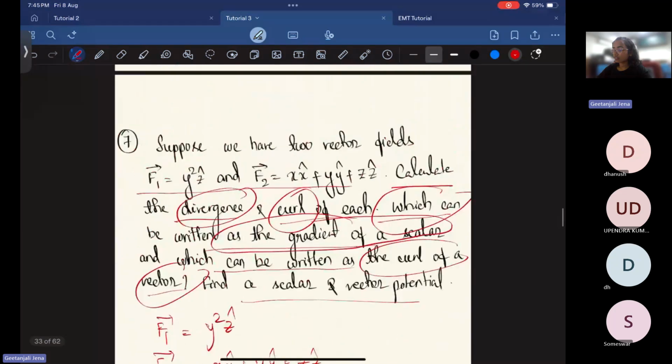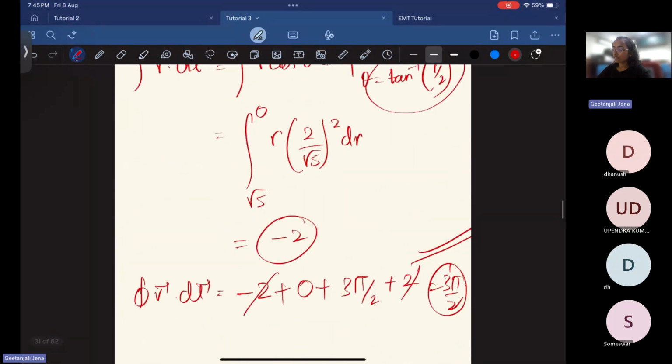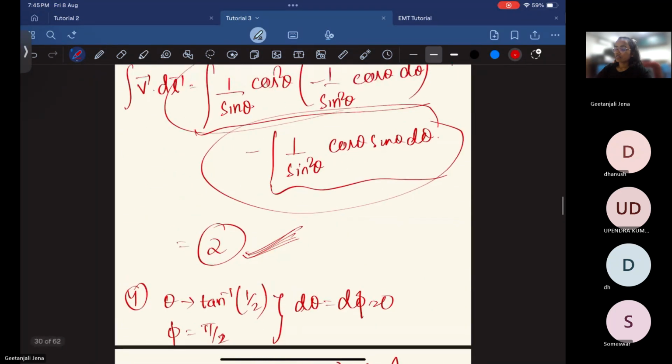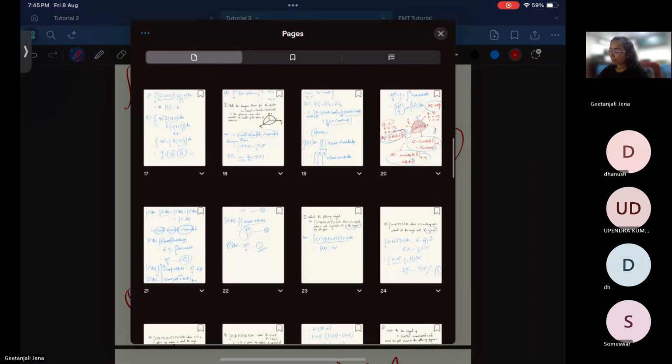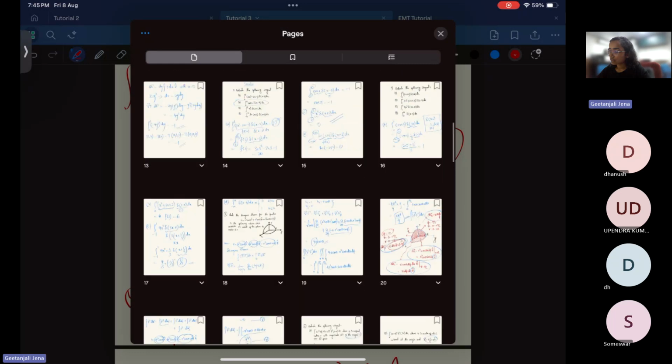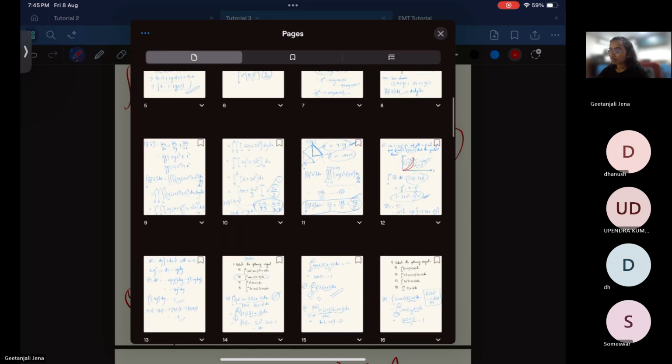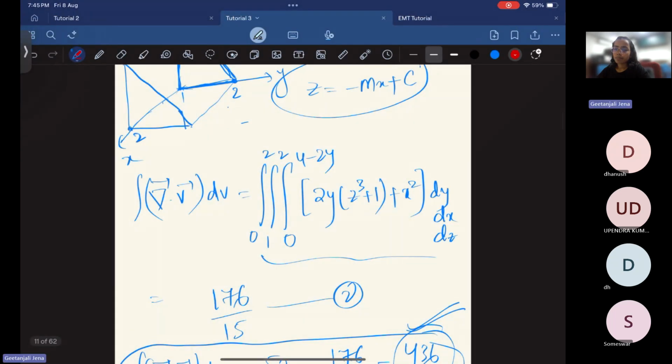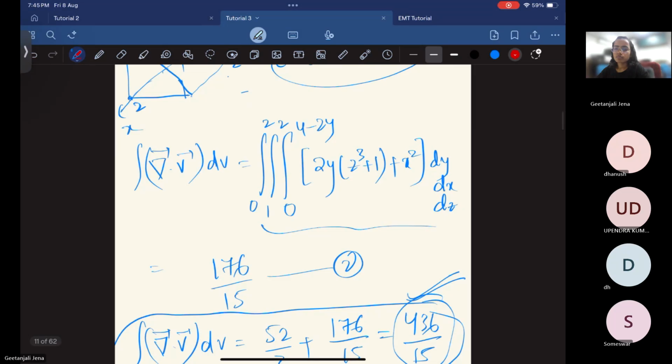One of you, I think you got confused while calculating this. I think this one. Vector and scalar potential formulas.